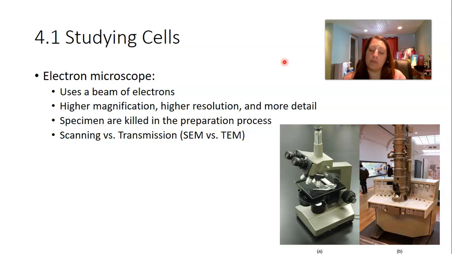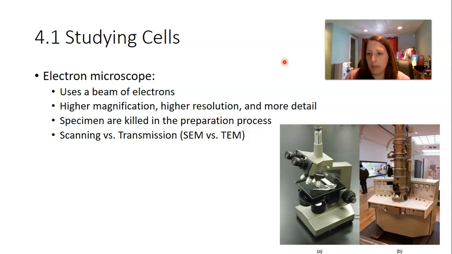Now, the electron microscope, instead of using light, is going to use electrons, negatively charged particles. Those negatively charged particles will be put onto the specimen or passed through the specimen, and you'll end up with a pattern that comes out of that, which again is called a micrograph.